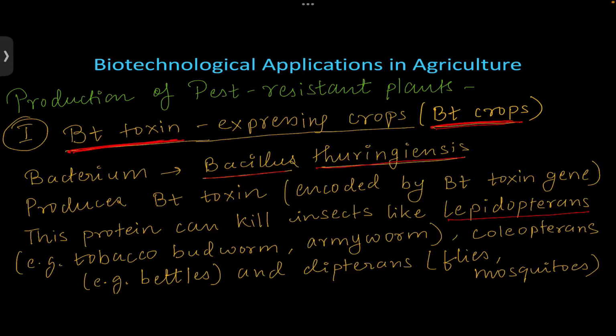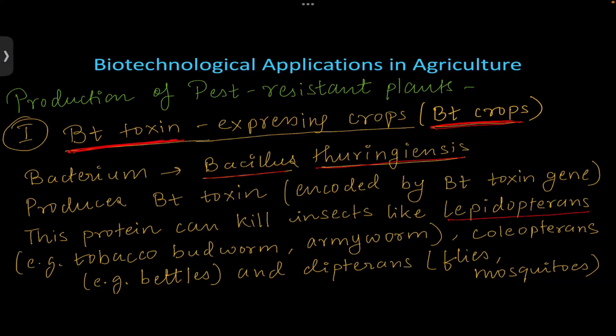So basically, this bacterium, Bacillus thuringiensis, by producing the protein Bt toxin, can kill a variety of insects like flies, mosquitoes, okay, beetles, etc. It can kill them, but the prerequisite is the insect has to ingest that particular toxin. Then only its action will happen.